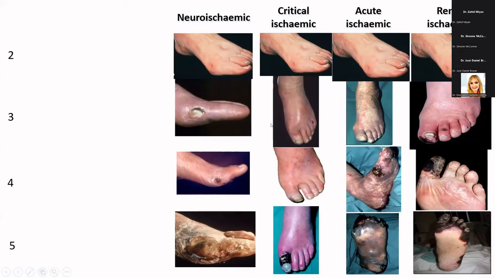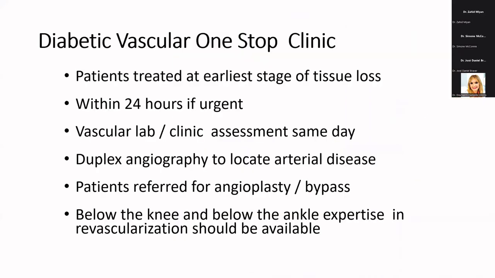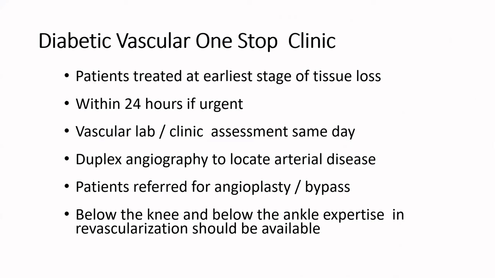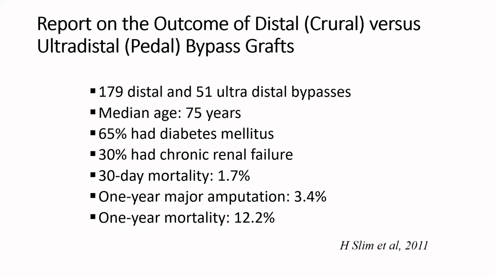But when one gets to the critically ischemic foot, and of course the acutely ischemic foot, and to a certain extent the renal ischemic foot, we will have to consider revascularization. Ischemic patients are seen in a vascular one-stop clinic. Patients are treated at the earliest stage of tissue loss, within 24 hours if urgent. Vascular lab and clinic assessment the same day, duplex and angio to locate the arterial disease, and then a decision for angioplasty or bypass. And below the knee and below the ankle, expertise in revascularization should be available.